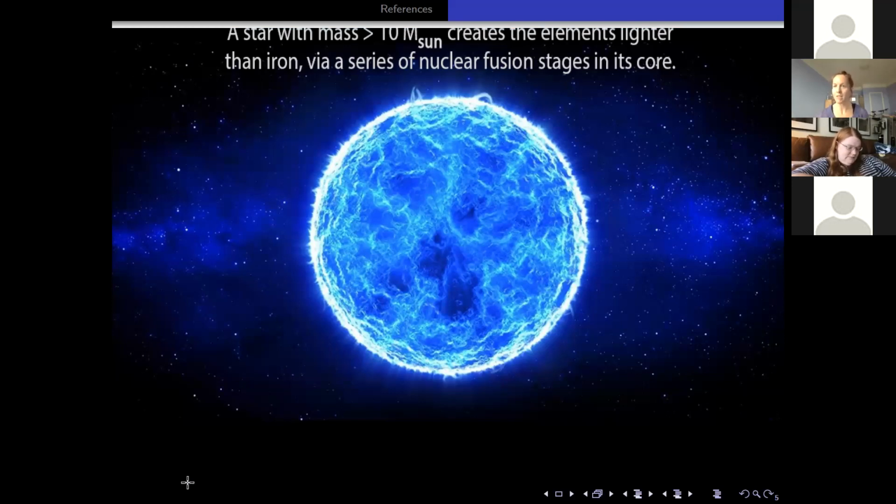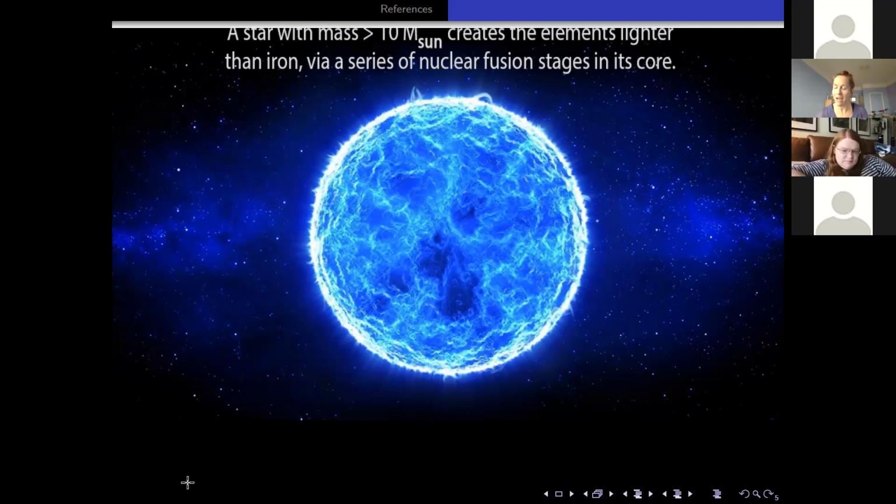So first it takes 4 hydrogen nuclei, fuses them into helium, and that's an energetically favorable process. So it releases light that we can see. That's why we see the sun shining. Then it takes the helium it's made and fuses that into carbon. And you march on up through oxygen, silicon, magnesium, all the way up to iron.